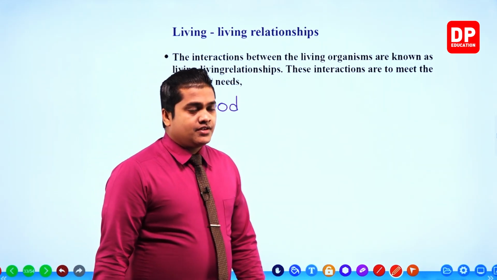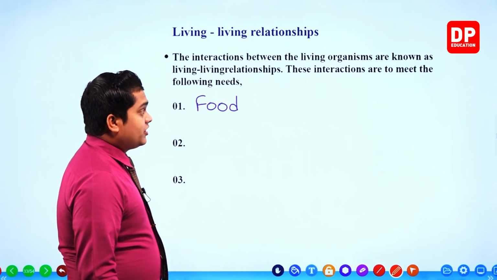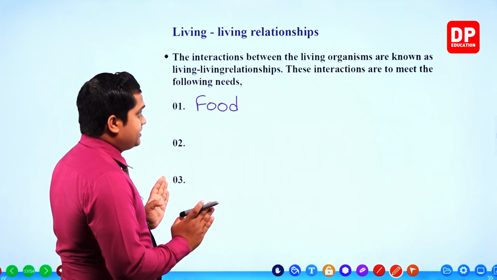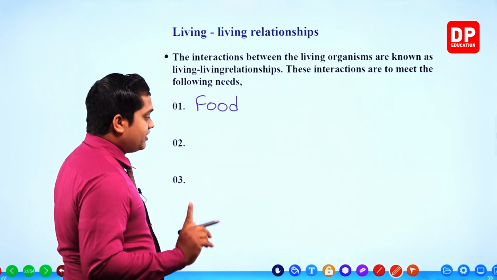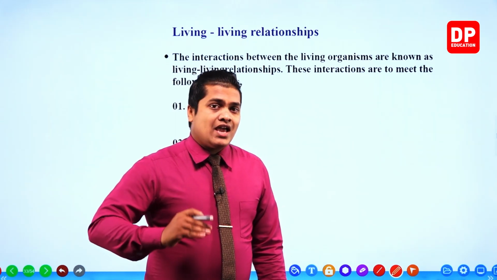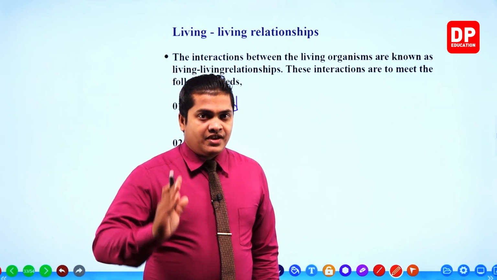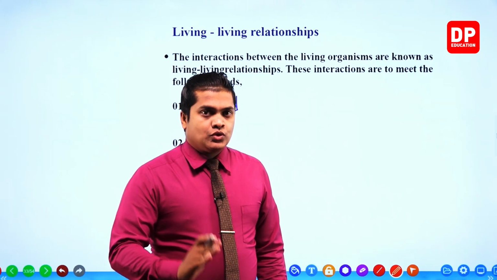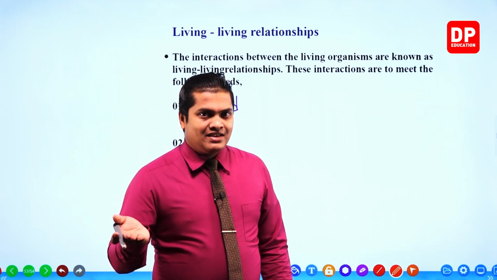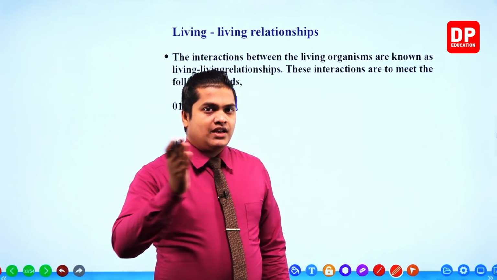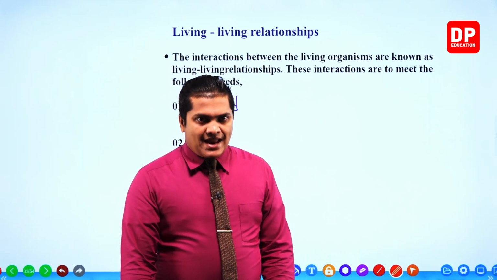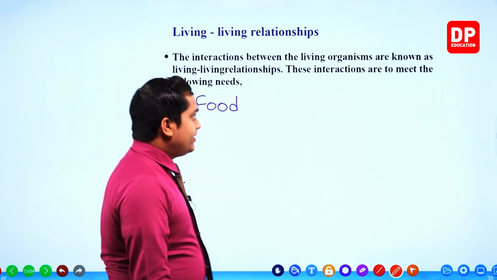Living relationships can be observed to meet the following needs. What are the needs? First and foremost need is food. Lion is an animal which feeds on flesh. So to get the food that it needs, it shows a relationship with other kinds of animals.